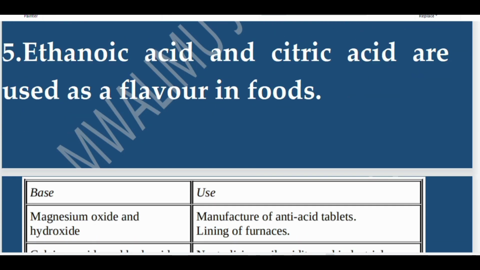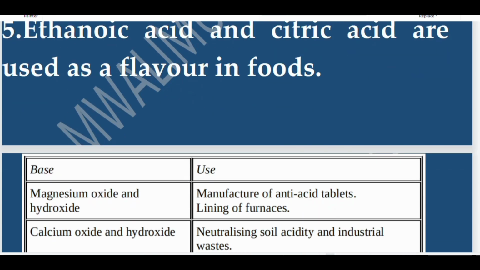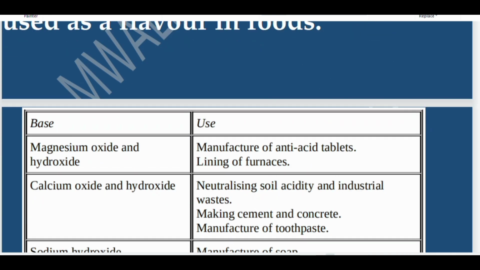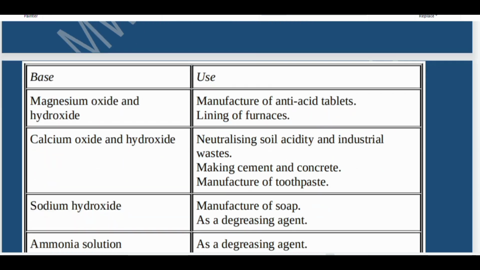Then let's look at the bases. Magnesium oxide and hydroxide are used in the manufacture of antacid tablets and also lining of furnaces. Calcium oxide and hydroxide are used in neutralizing soil acidity and industrial waste.